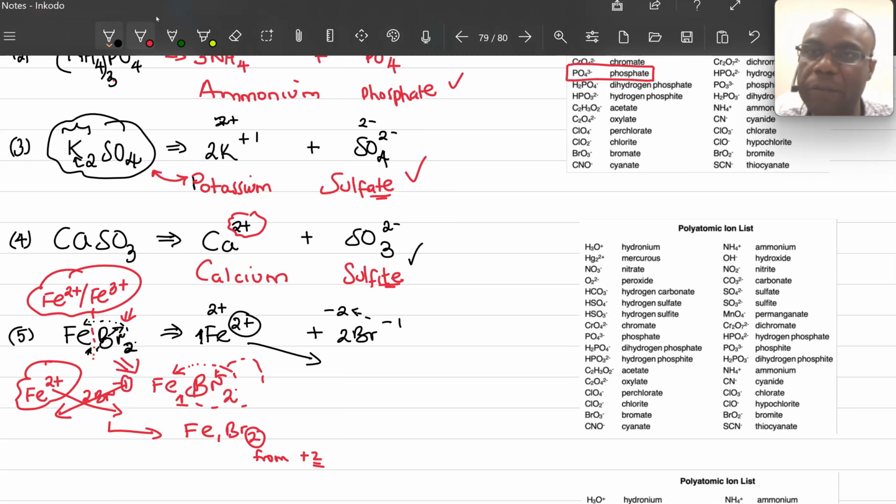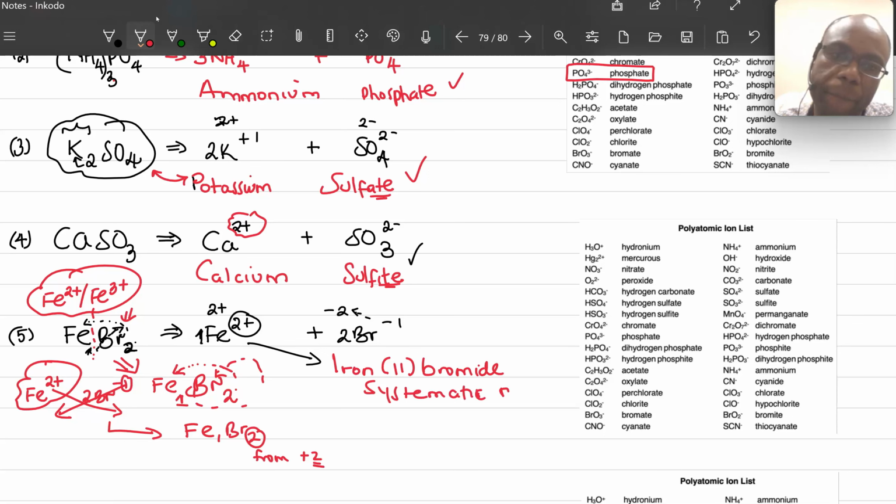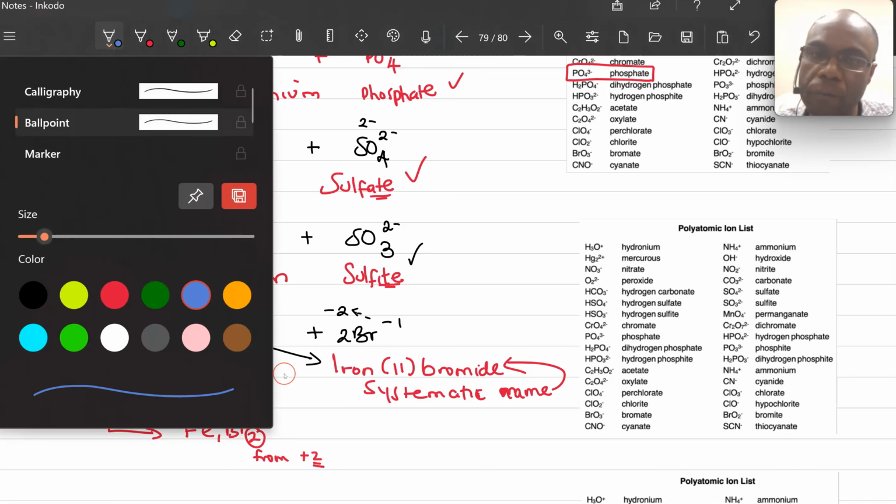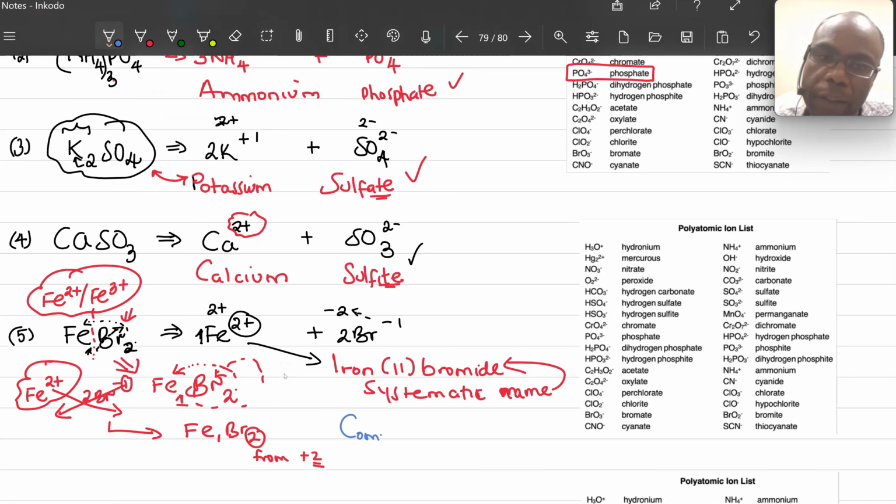And so the final name of this compound will be iron parenthesis 2 and then bromide. This is the systematic name. Now, if you want the common name for this, the common name will be ferrous bromide.